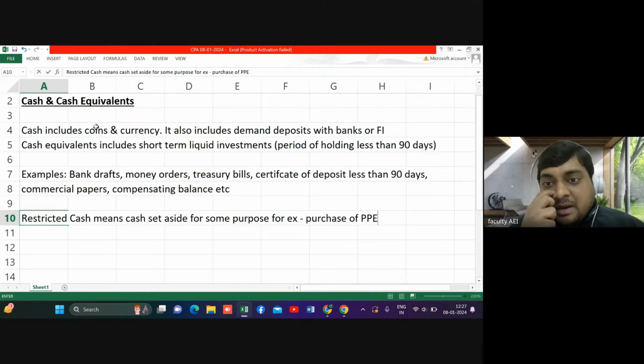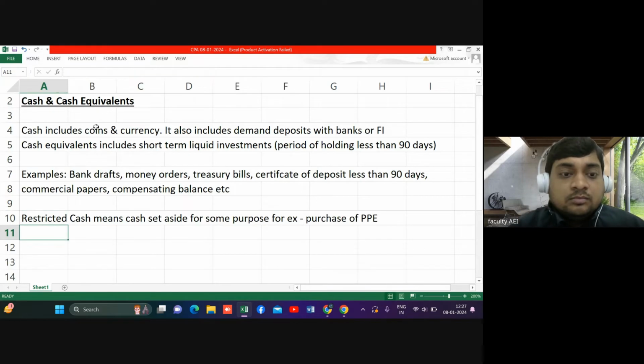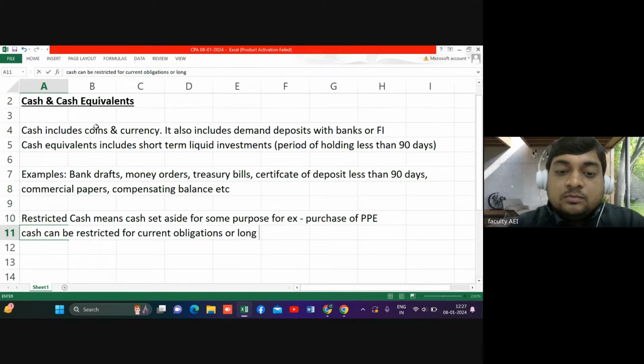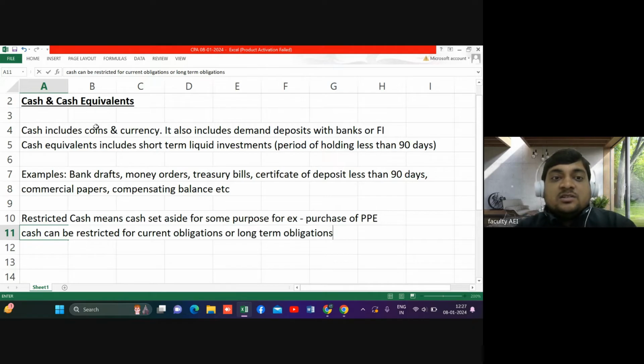So it can be cash restricted for current obligations or long-term obligations, right?